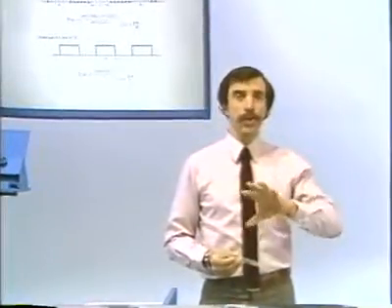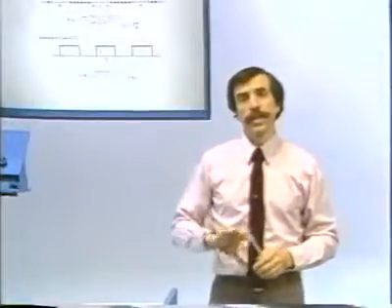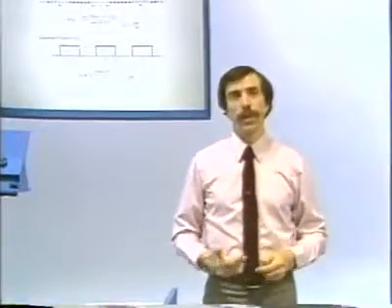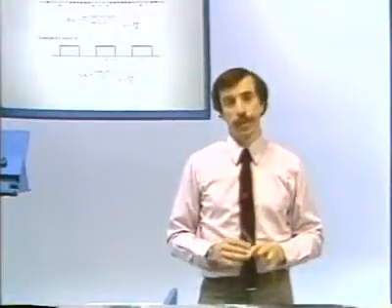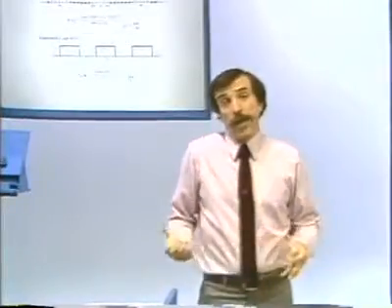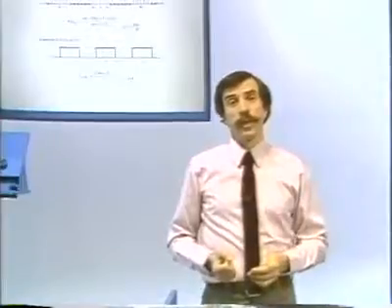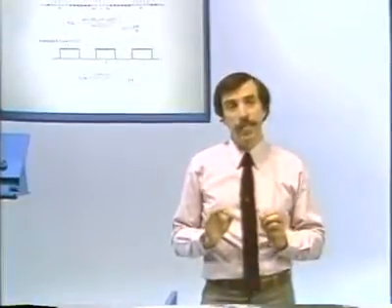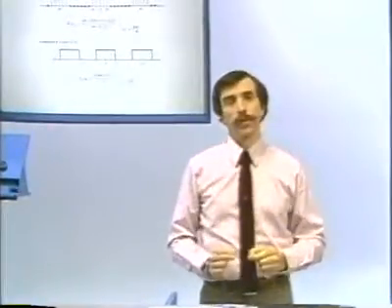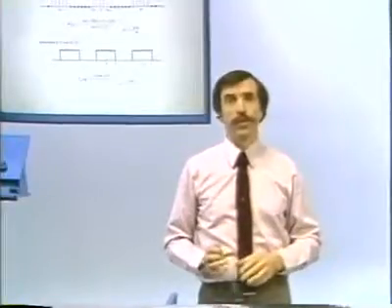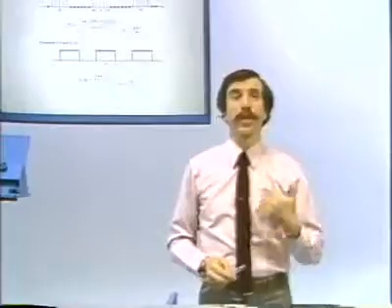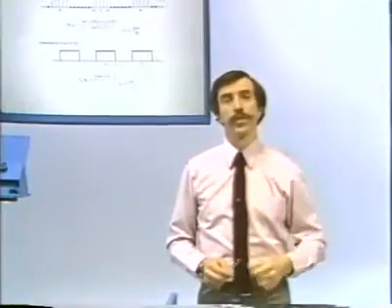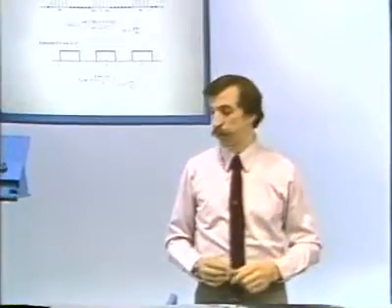In fact, we should understand right from the beginning that the sin x over x envelope couldn't possibly be the envelope of the discrete time Fourier series coefficients. One obvious reason is that it is not periodic. What we require, from the discussion I've just gone through, is periodicity of the coefficients, and consequently also periodicity of the envelope in the discrete time case.